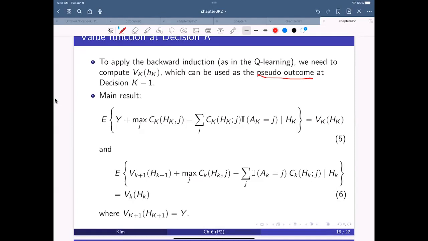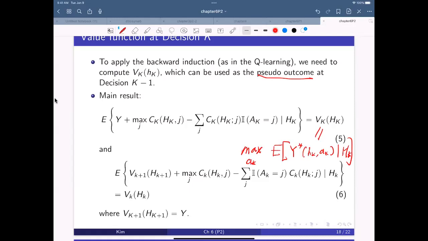Because what is the definition of the value function? The definition is the potential outcome given HK, AK, with the argmax, right?